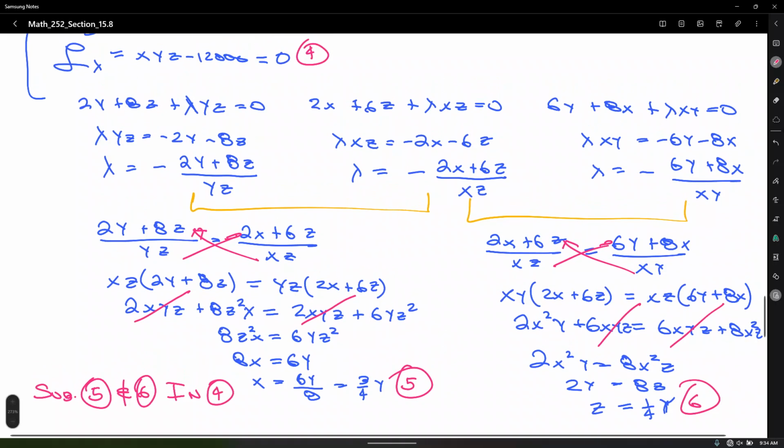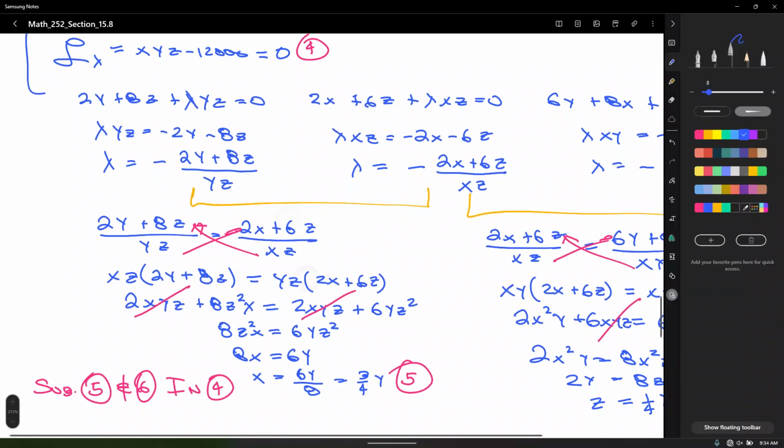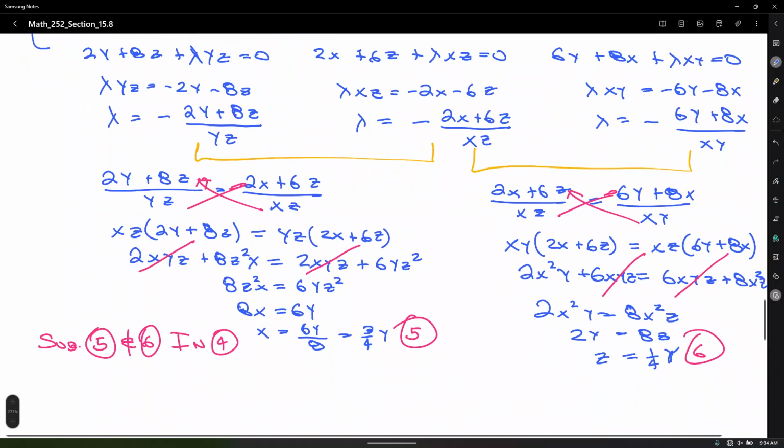Because, check equation number 4. We have x, y, and z. So we just wrote x in terms of y and z in terms of y. So we're going to get an equation that depends only on y. So that is, xyz equals 12,000.